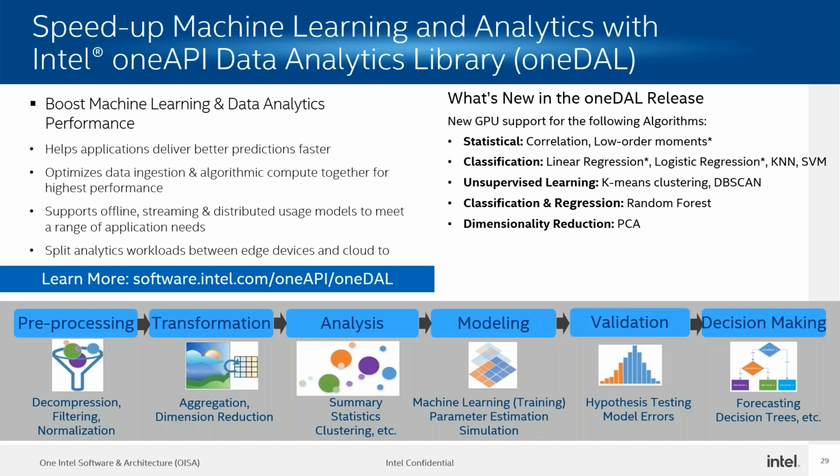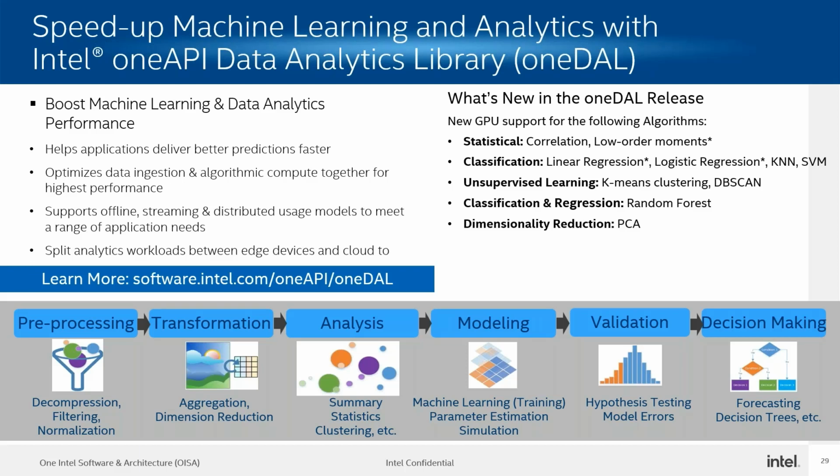It covers a wide range of workloads in the machine learning field. It can do data pre-processing, like decompression or normalization of input data, or filtering your input data. Then it covers transformation functionality, like PCA for dimensionality reduction. Then we can do the analysis on the data.